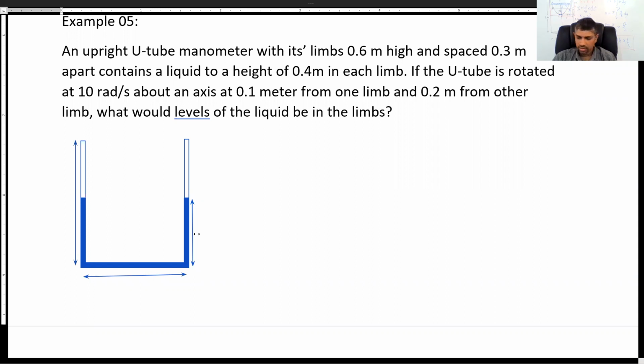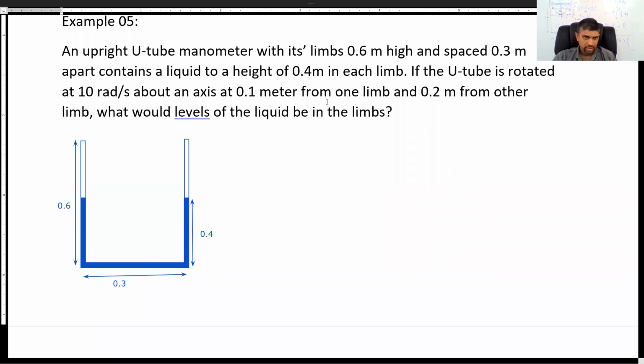Okay, points 0.4 meter. Limbs are spaced at 0.3 meter and the height is 0.6.